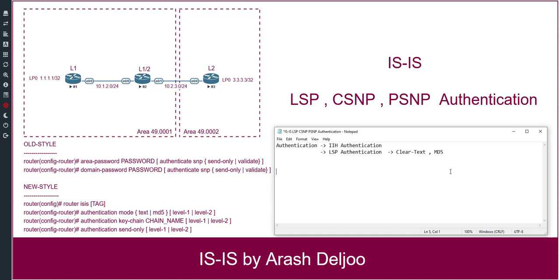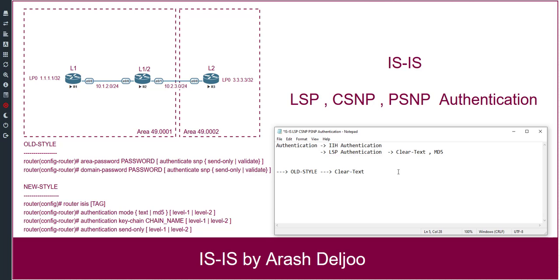The next thing that we should know is that we have two styles of configuration. The first is the old style. In the old style configuration of the LSP authentication, we can configure only clear text authentication. You know that this is the old method, and in the old method we didn't have the MD5 authentication.